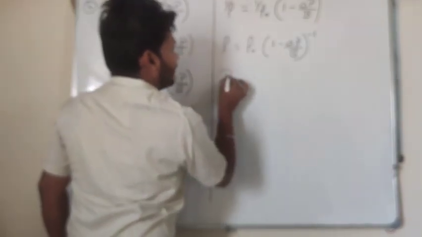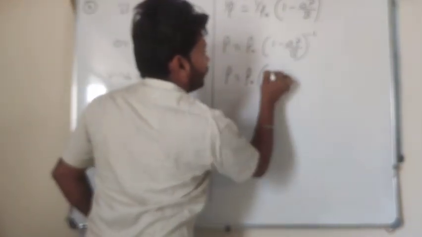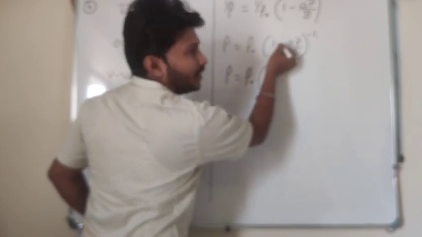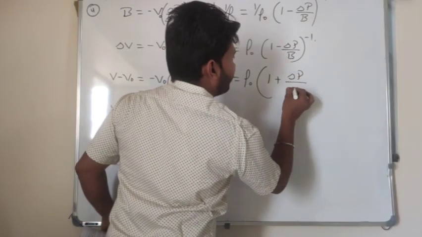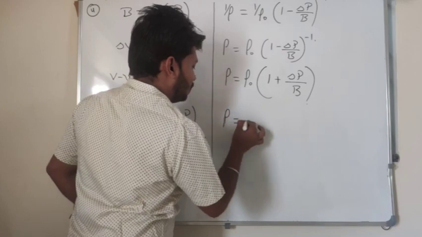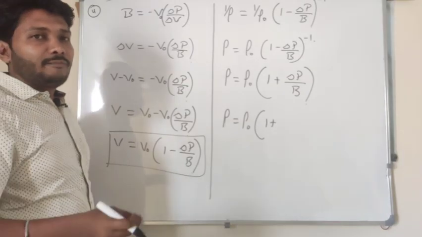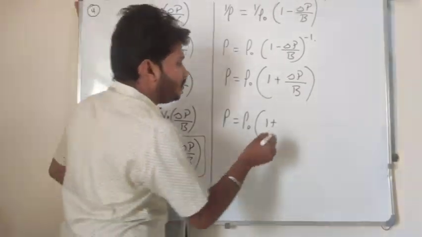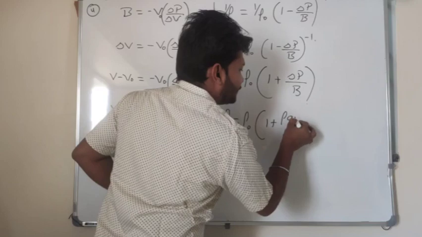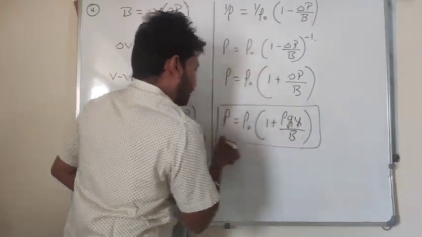From the binomial expansion, rho equals rho naught, and minus into minus gives plus, so plus delta P divided by B. Finally rho equals rho naught times 1 plus delta P, which is nothing but pressure equal to rho into g into h, here y, divided by B. This is the connecting formula.